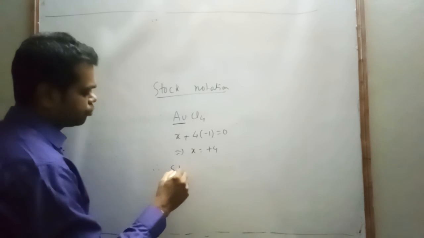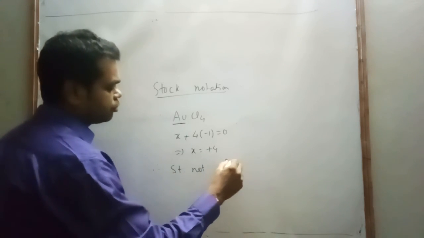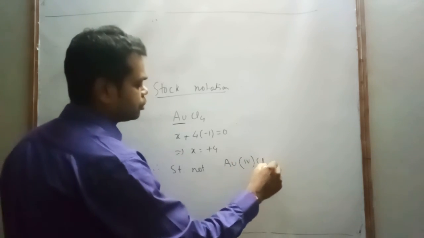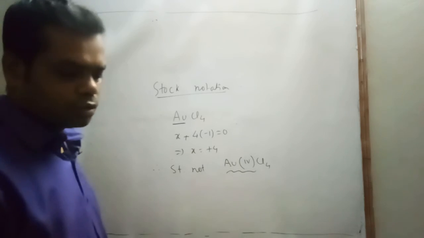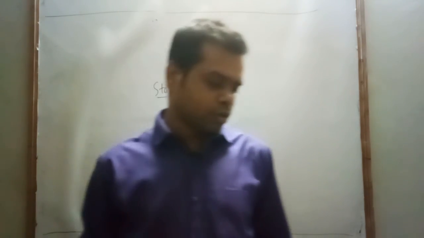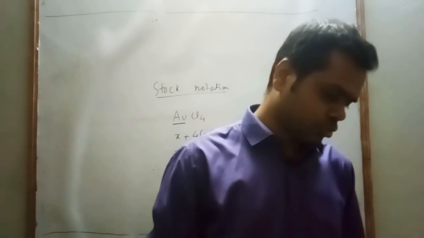Therefore, in terms of Stock notation, AuCl4 is written as Au(III)Cl4. Stock notation is the representation of a metal with its oxidation number in Roman numerals. This is what is called Stock notation.